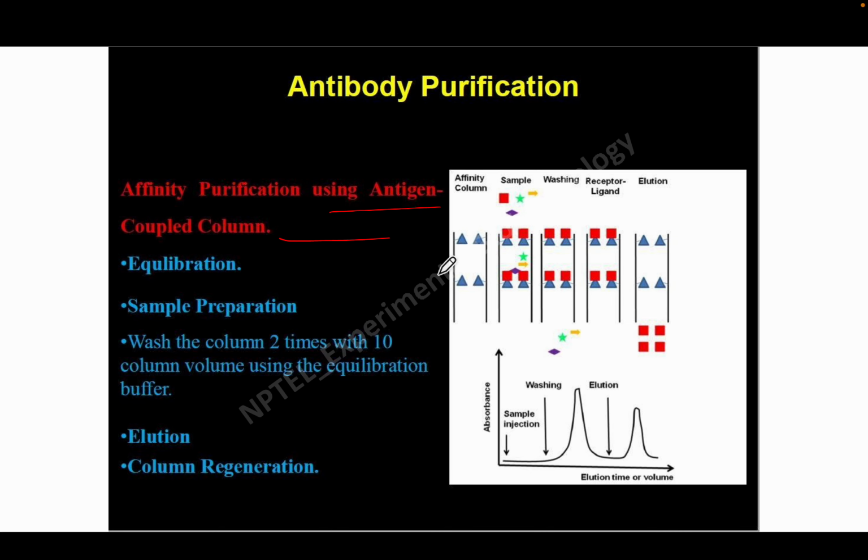The same process applies: you are binding antigen with antibody, and your sample has affinity with the affinity column. You wash so that all the undesired items get washed out, and then you elute with a strong ligand, so that you are purifying your protein of interest or sample of interest.